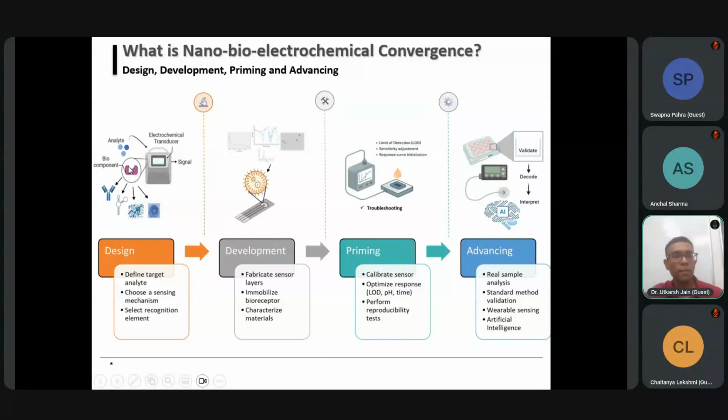Since, as I told you, an analyte can bind with the biorecognition element, and this interaction should lead to a kind of electrochemical behavior change. And that change we need to notice. So this is the basic design, from the analyte to the biorecognition element to the change we are observing.